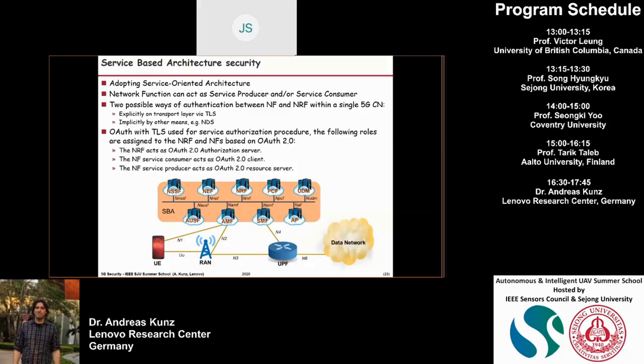And there are two ways to authenticate between a network function and the network repository function. A network function always has to authenticate to the network repository function, because this function will proxy the requests between the network functions if some function is discovering another network function.